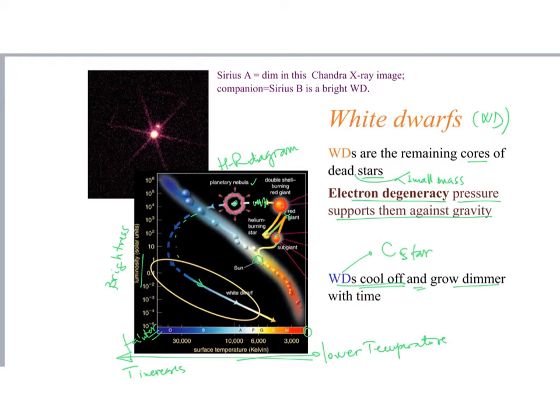So basically, all those carbon atoms are pushed together into a very dense material, but electrons are kind of roaming around.